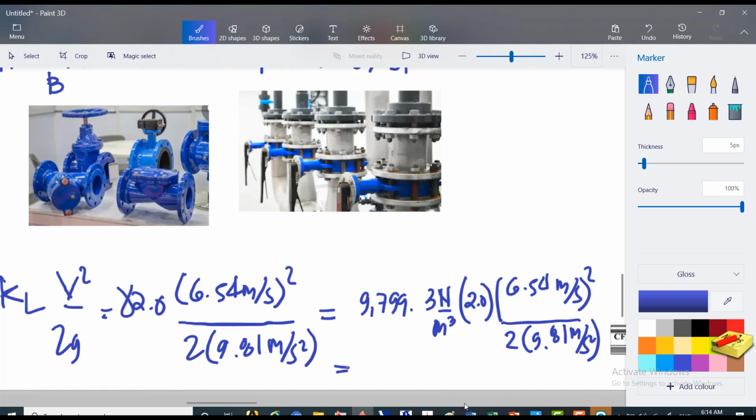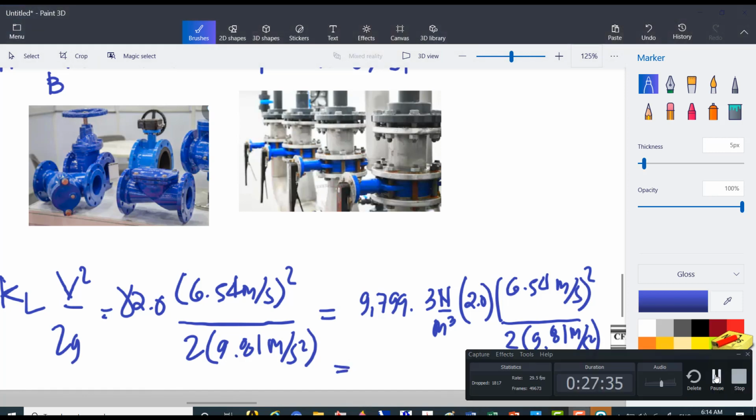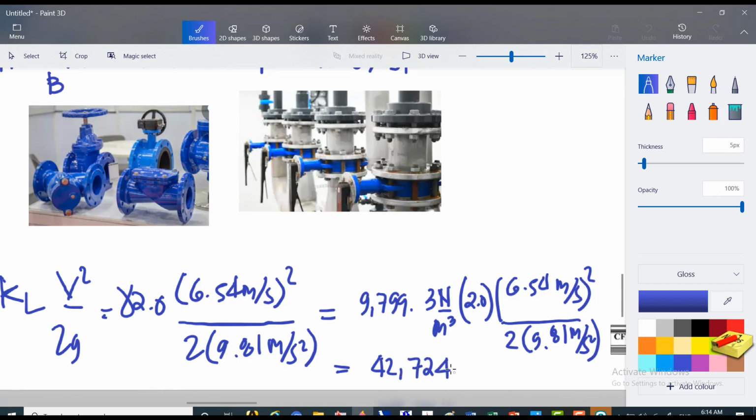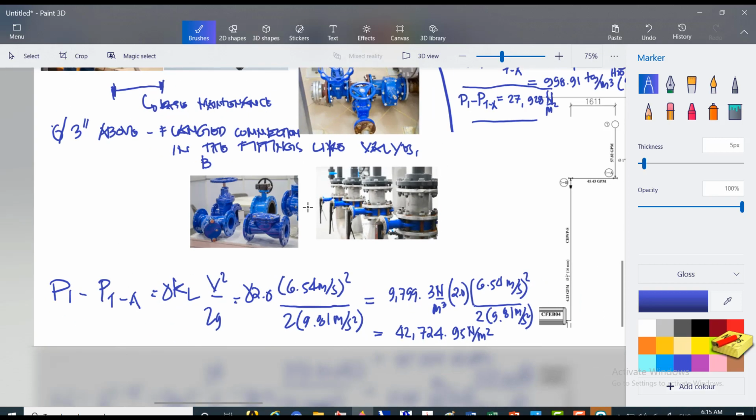Then we have the value of 42,724.95 Newton per square meter.